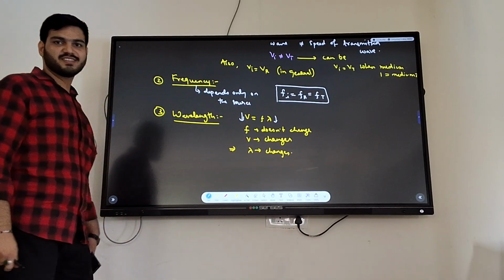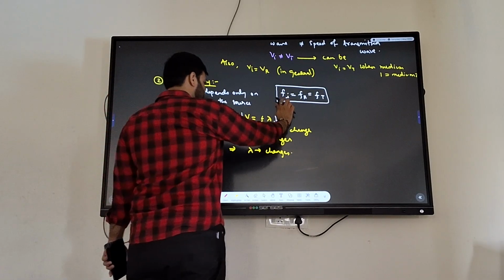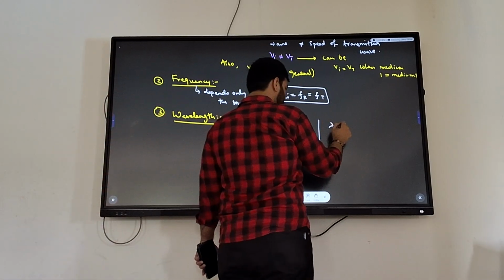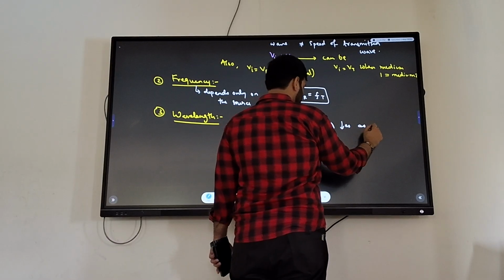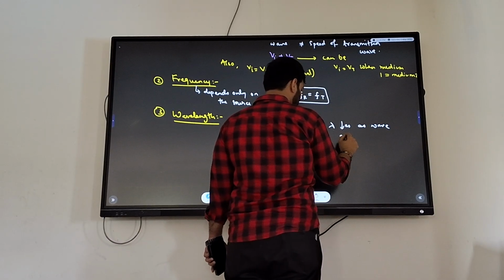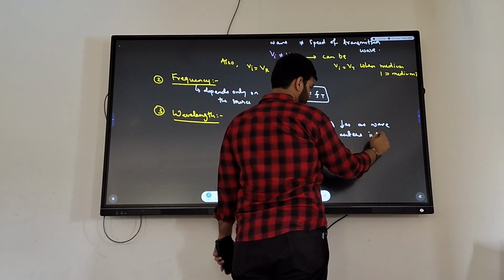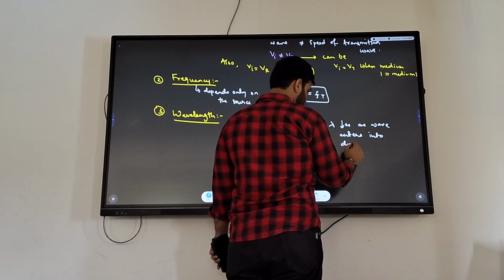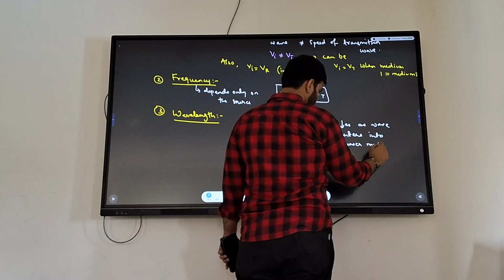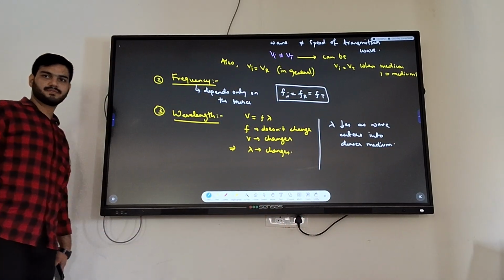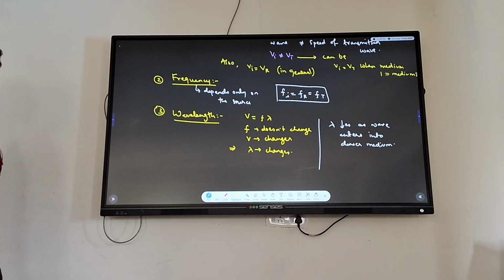It's obvious stuff. Lambda decreases as the wave goes into a denser medium. Is it okay? Great. That was a discussion on wavelength.